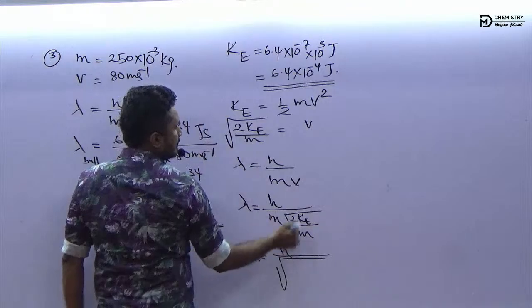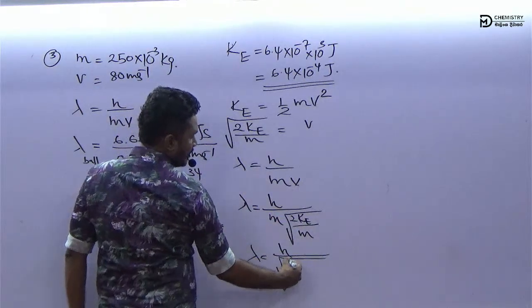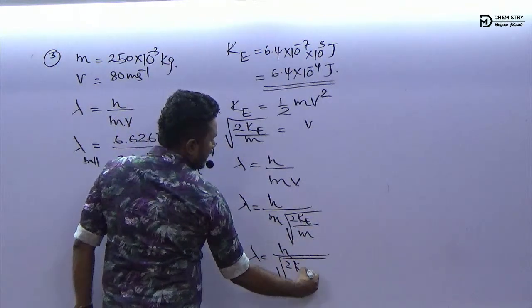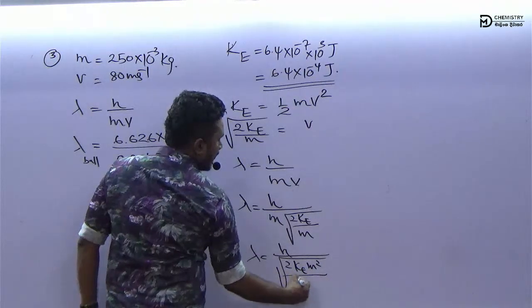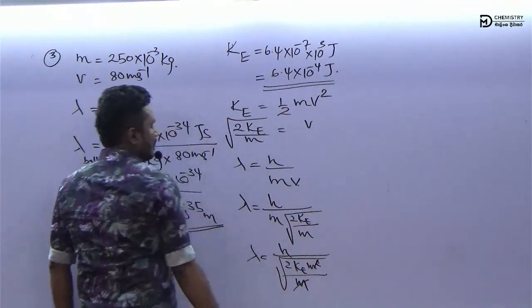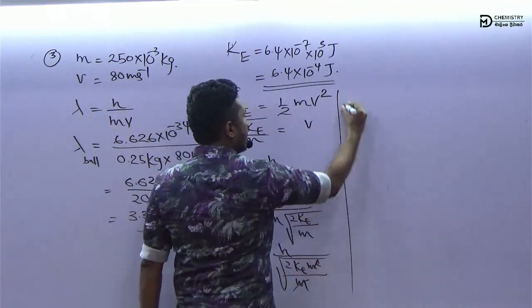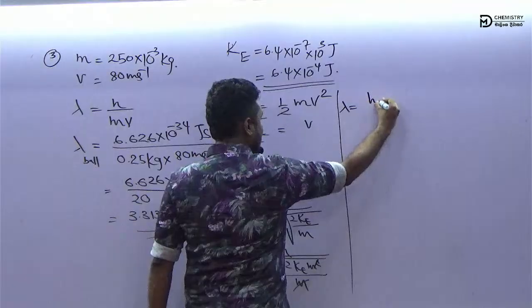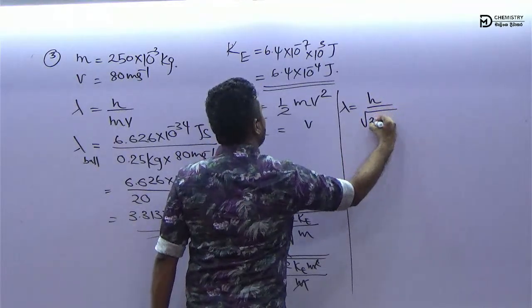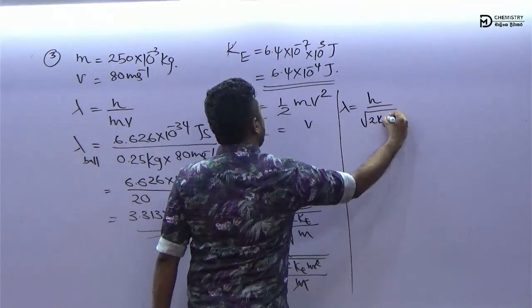So lambda equal h over m, and we can put m inside the square root: 2 KE m squared over m, so one m cancels off. So my final answer to calculate lambda with kinetic energy is h over square root of 2 KE into m.